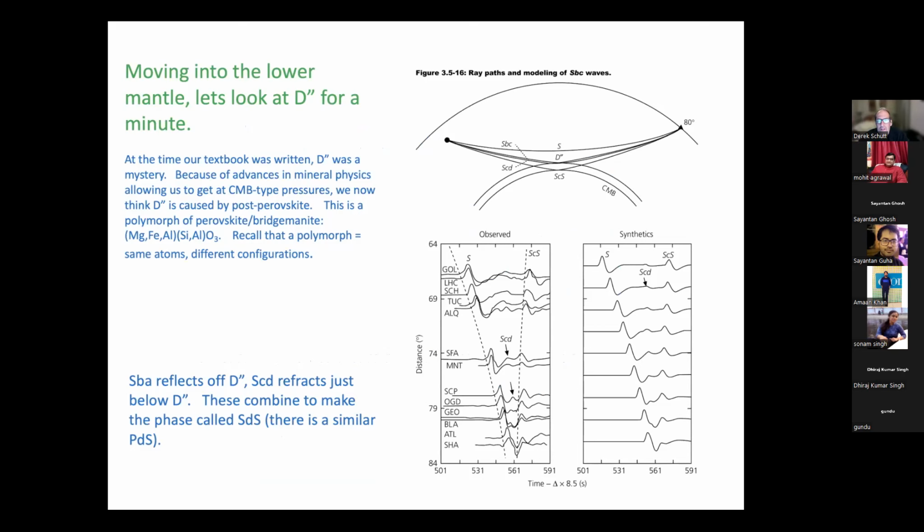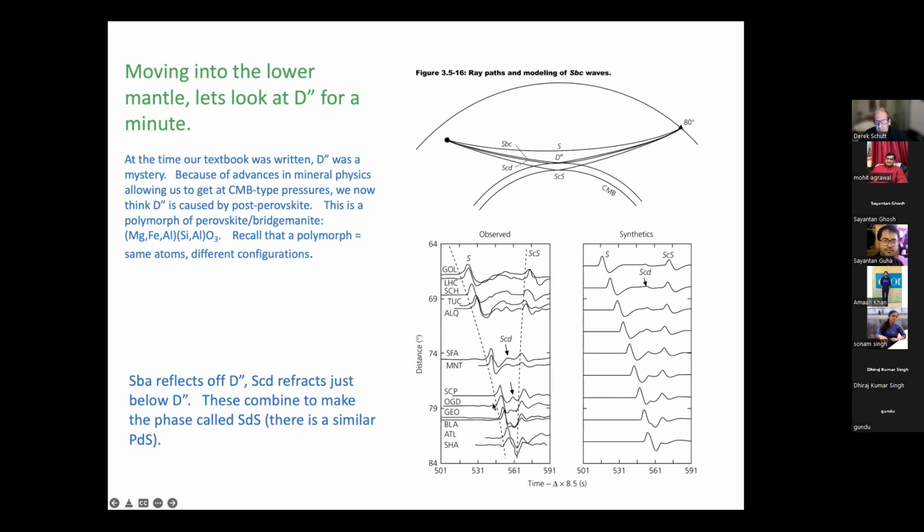All right, so when the Stein and Wysession book was written, D double prime was a mystery. However, people have been able to produce post-perovskite in mineral physics labs. So it's thought now that this is just a polymorph that happens under certain thermal characteristics of the lowermost mantle. And I just want to show you how D double prime is observed.